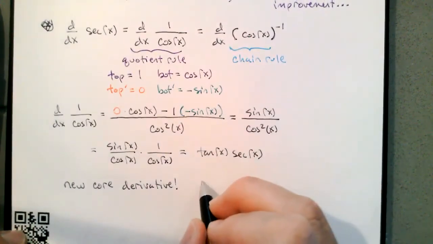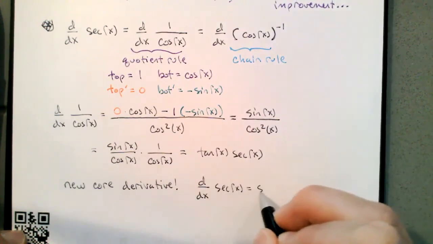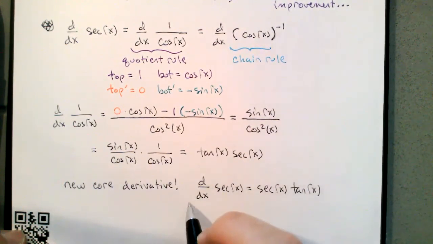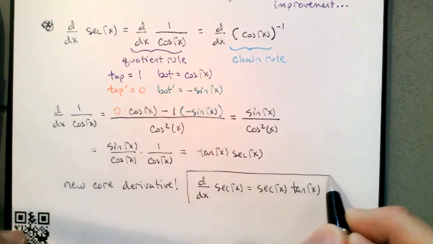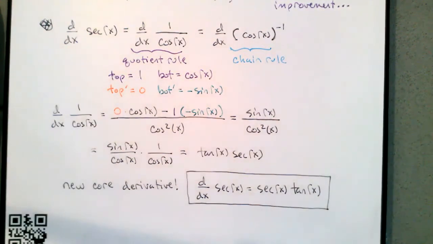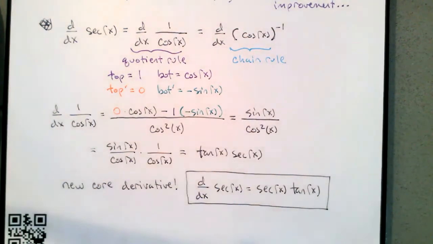The derivative of secant is secant tangent. I know when we were working it out, I wrote tangent secant. That's because I split the sine off over cosine first, and so tangent showed up first there. But the way I say it on the regular is secant tangent. So the derivative of secant x is secant x tangent x.